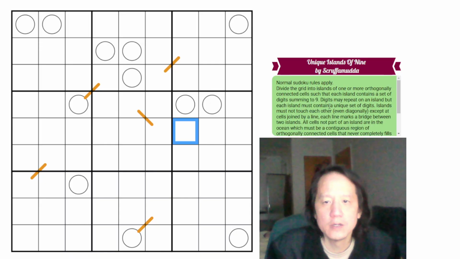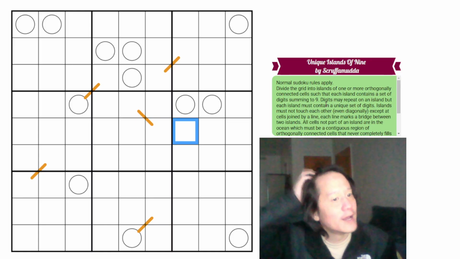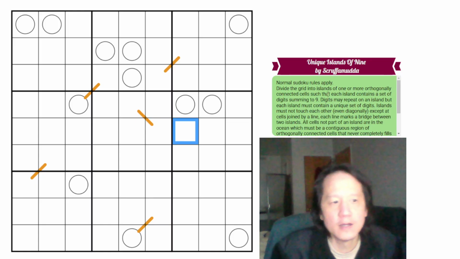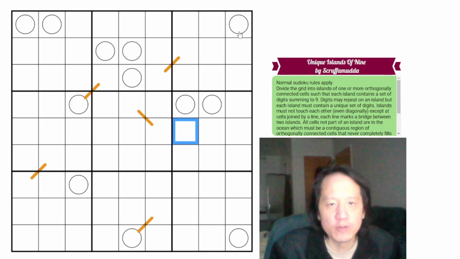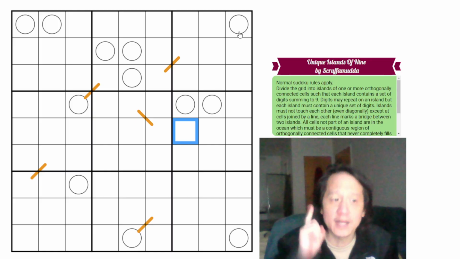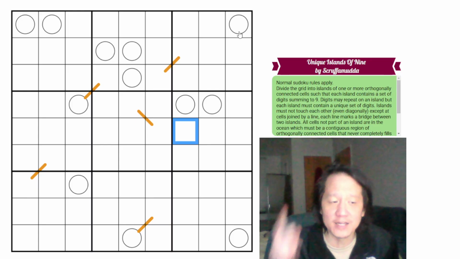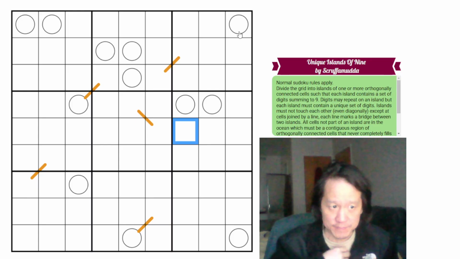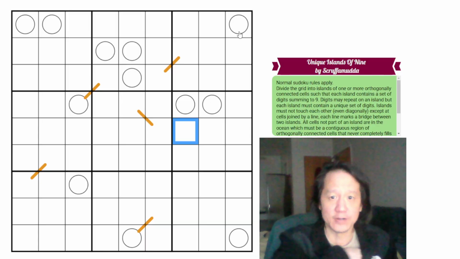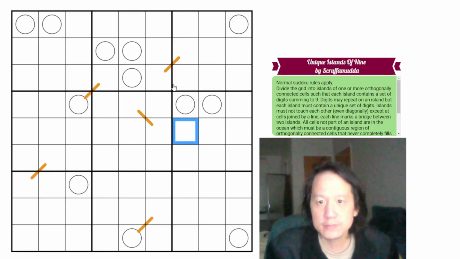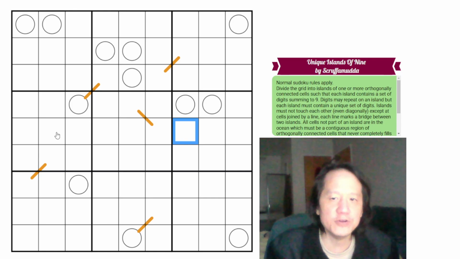And all the digits on an island must sum up to 9 completely. You can have repeats. One thing you cannot have is an island with exactly the same digits as another island, because you have to contain a unique set of digits.